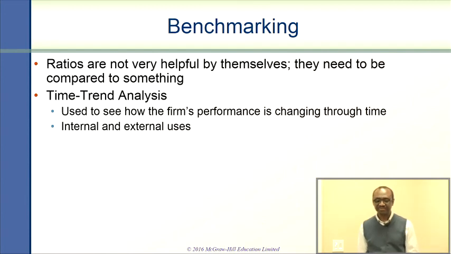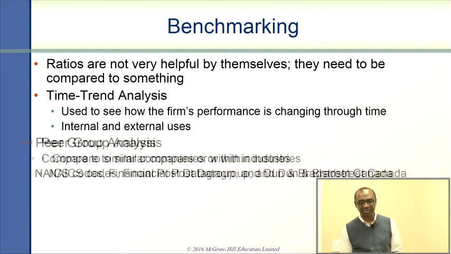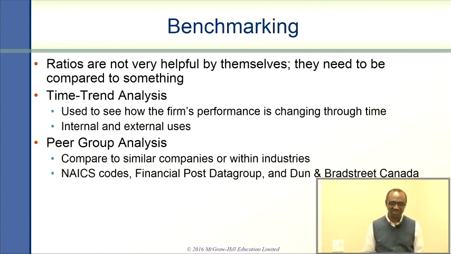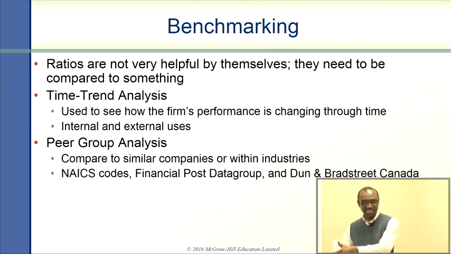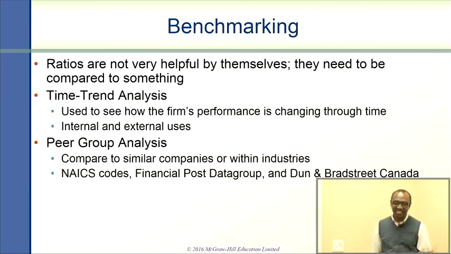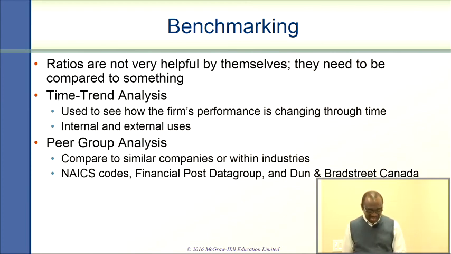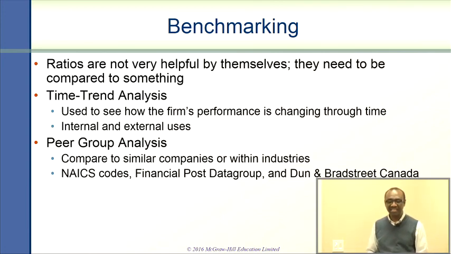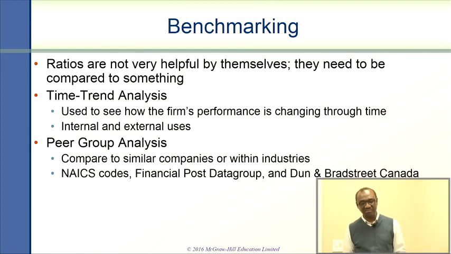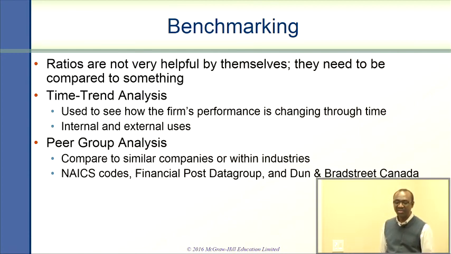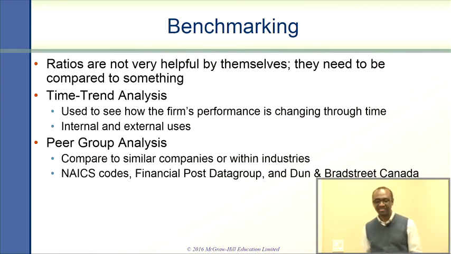We also look at the peer group analysis, which compares similar companies within the industry, using the North American Industry Classification codes, Financial Post Data Group, and also Dun & Bradstreet. These are all credit reference agencies.